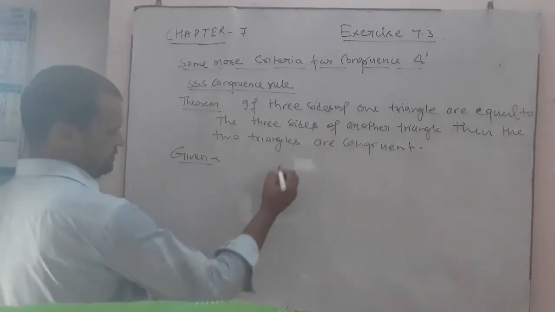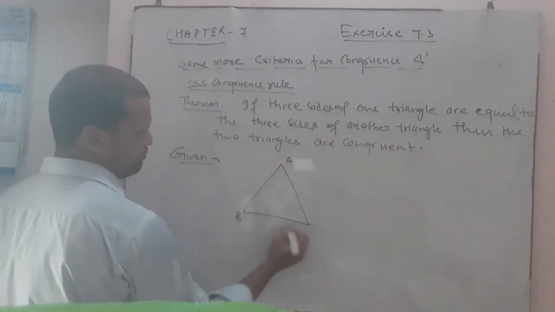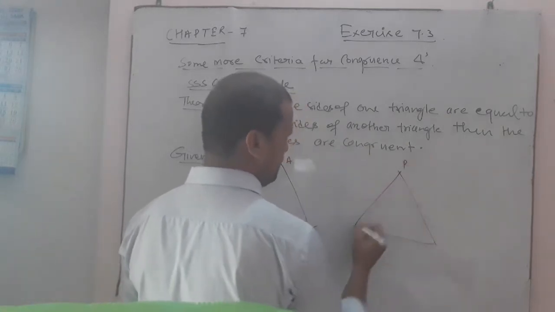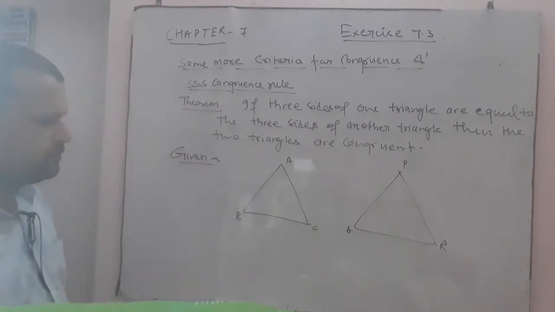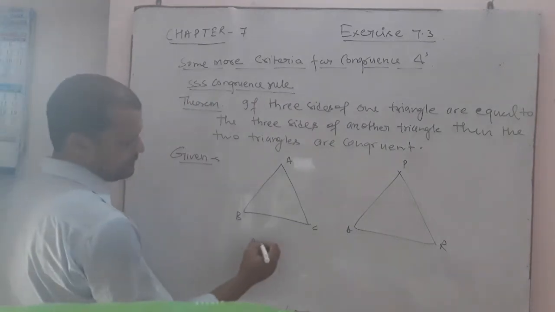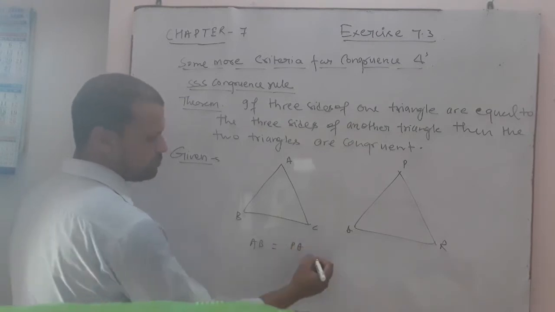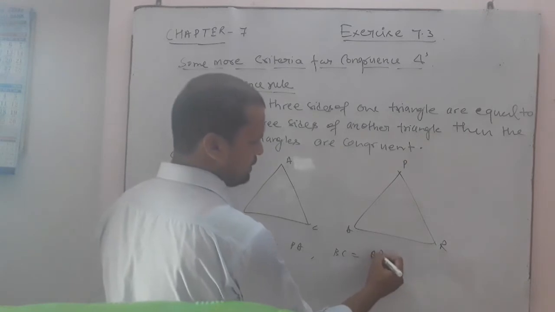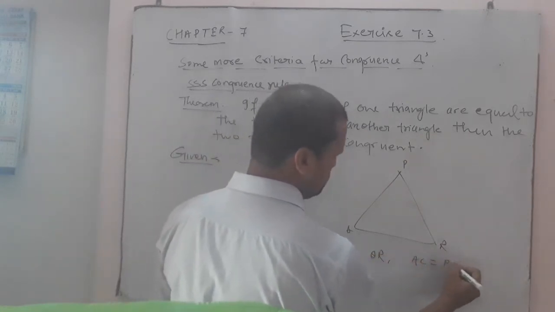Dear student, here is triangle ABC and one more triangle, PQR. It is given that AB equal to PQ, BC equal to QR and AC equal to PR.